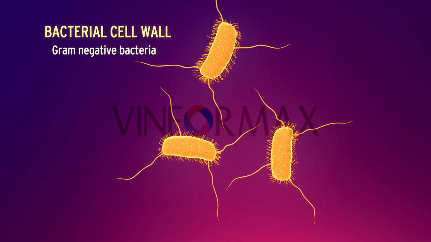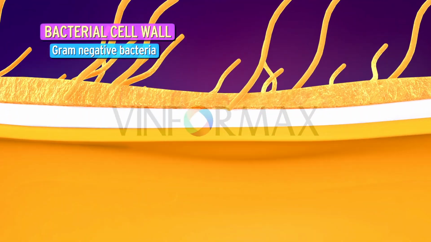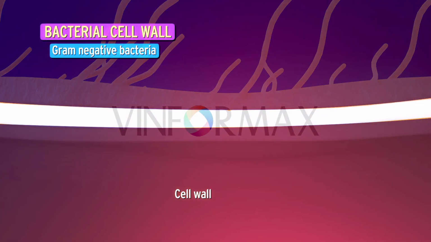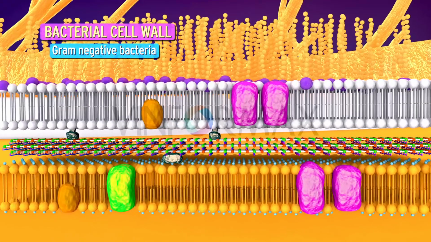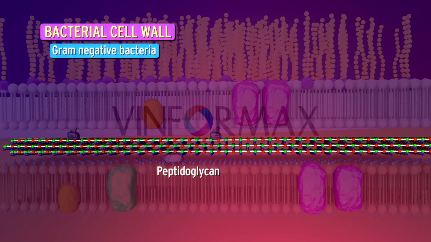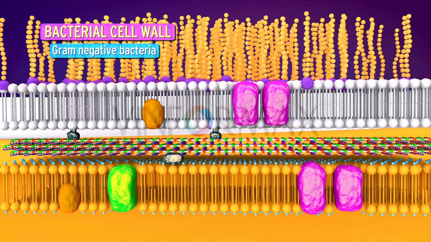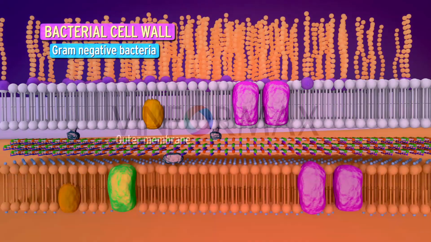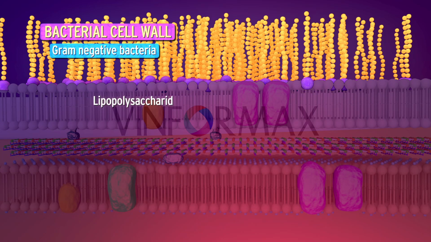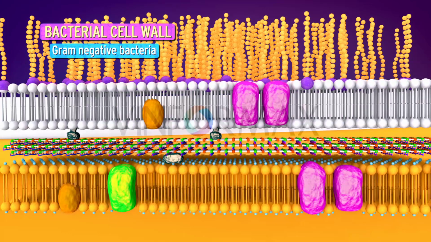Gram-negative bacteria. The cell wall in gram-negative bacteria includes peptidoglycan, lipoprotein, outer membrane, and lipopolysaccharide layers. Cell wall does not take up any stain.